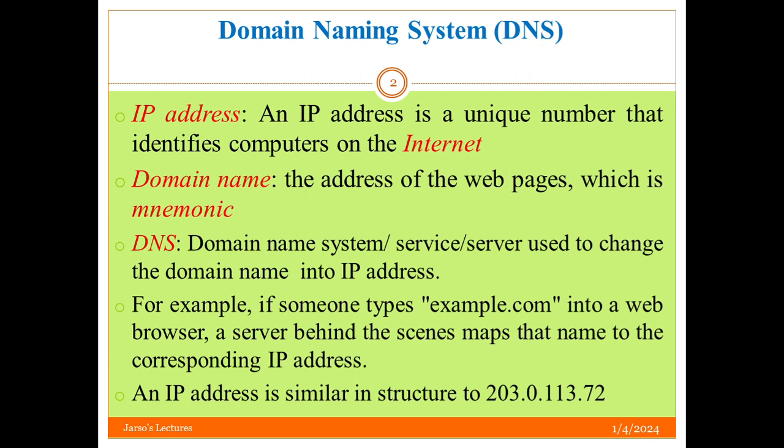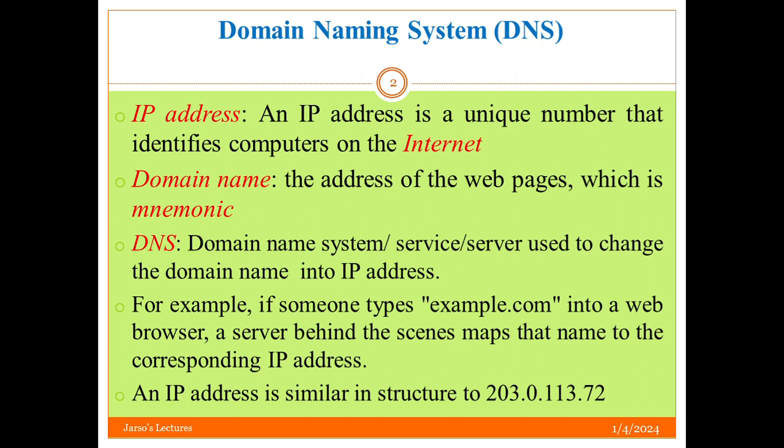For example, in order to access some resources from a server, to remember it by its IP address is difficult, because there are millions of servers. So it is very difficult to remember each server by its IP address.